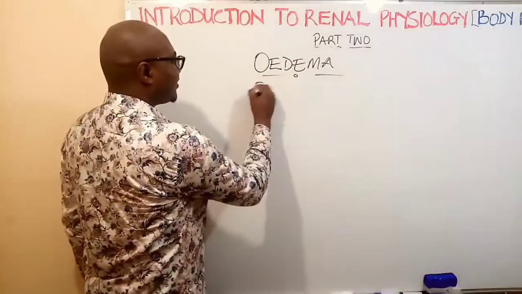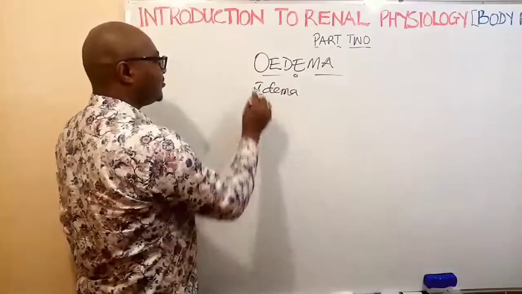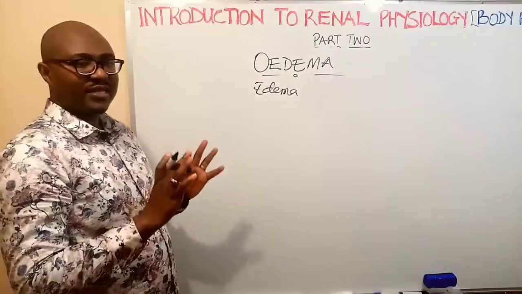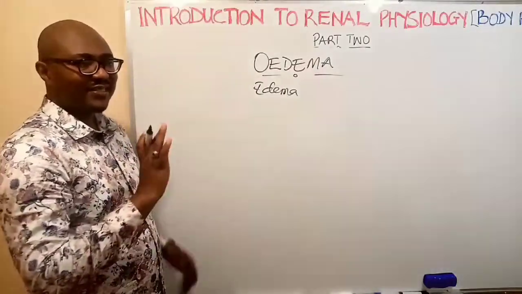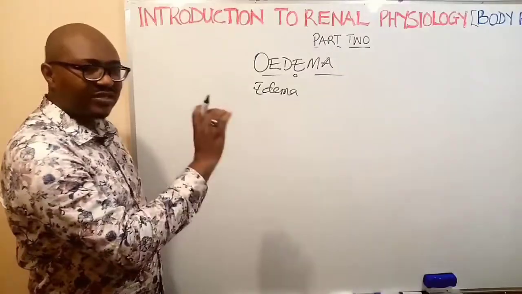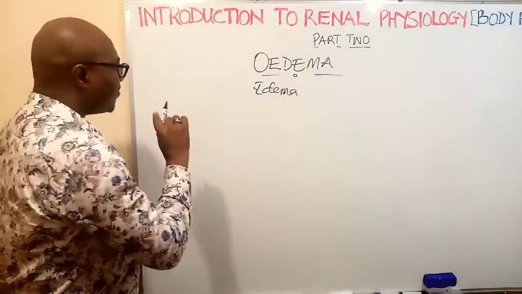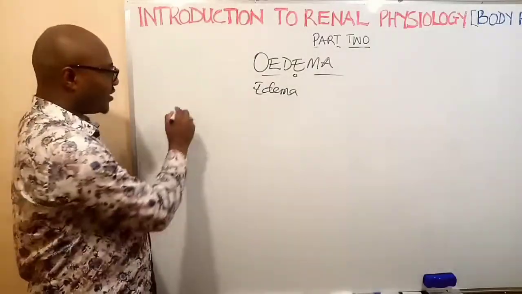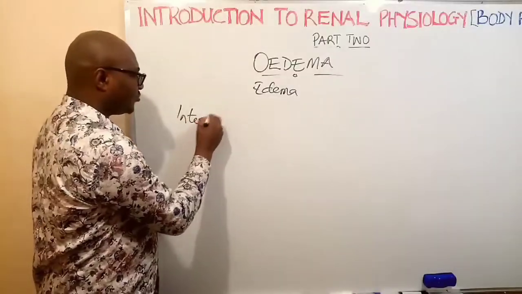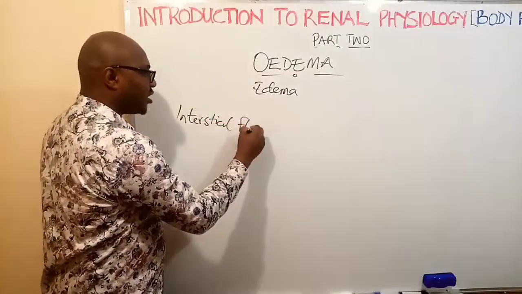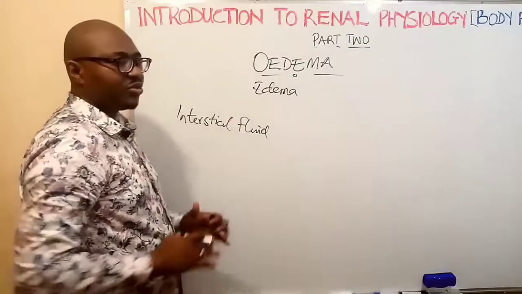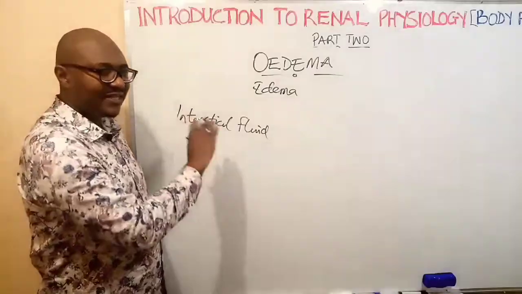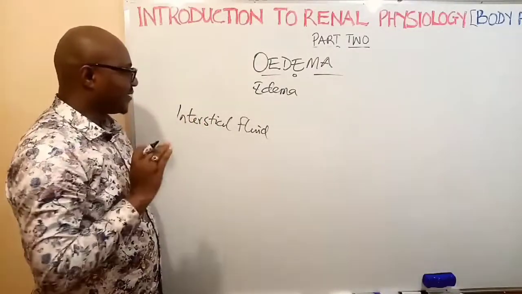Okay, the Americans, they spell it like this, edema, or the British, so it's the same thing, edema. So edema generally is the accumulation of excess fluid in some of these compartments of the body, but mainly it usually refers to accumulation of excess tissue fluid. That's the interstitial fluid. Okay, so you have intracellular edema when there's too much fluid in the intracellular compartment.